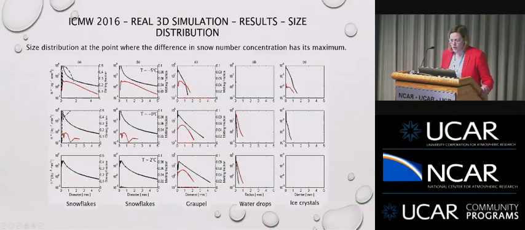You can see that in this case some snowflakes also occurred, but without Hallett-Mossop we have fewer snowflakes, and at lower altitude we have smaller snowflakes as well. But also in this case we have more water drops formed due to the melting of particles and collision between water drops, so self-coagulation.